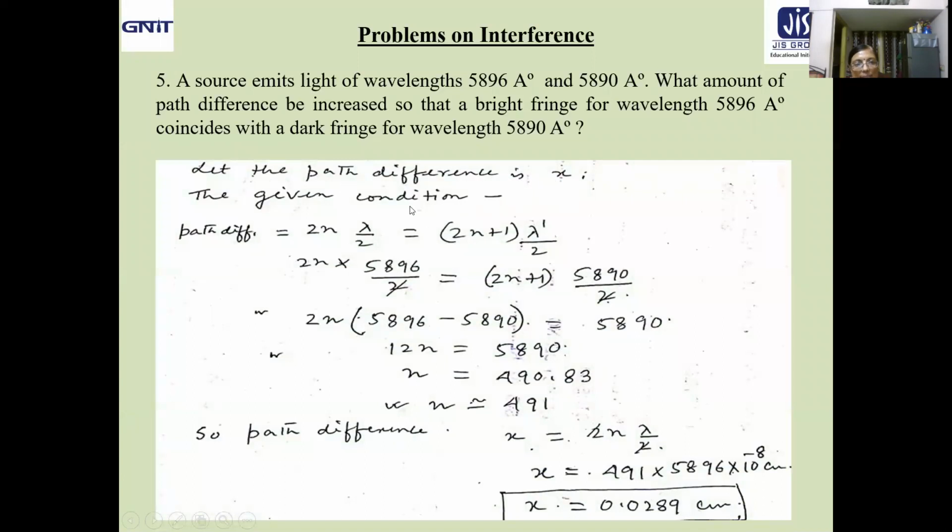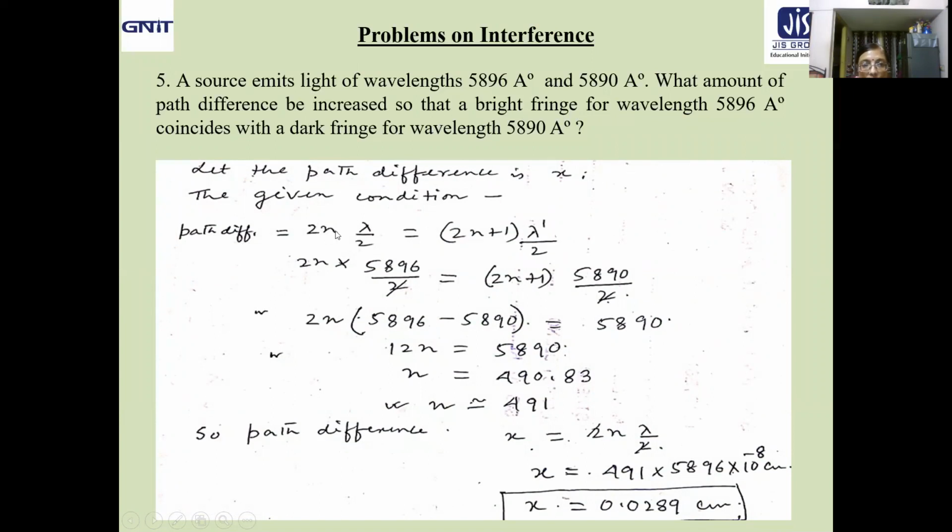Under this condition, it is told that the maximum of one wavelength will coincide with the minimum of the other wavelength. So this is the condition of maximum, this is the condition of minimum in terms of path difference. Clear? Now it is mentioned: bright fringe for wavelength 5896.